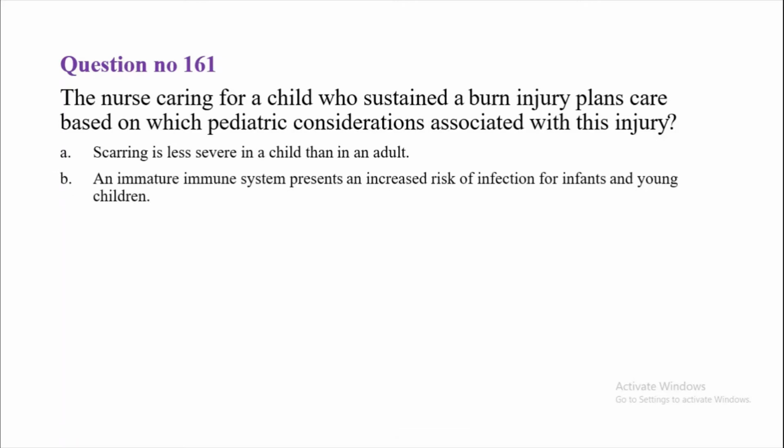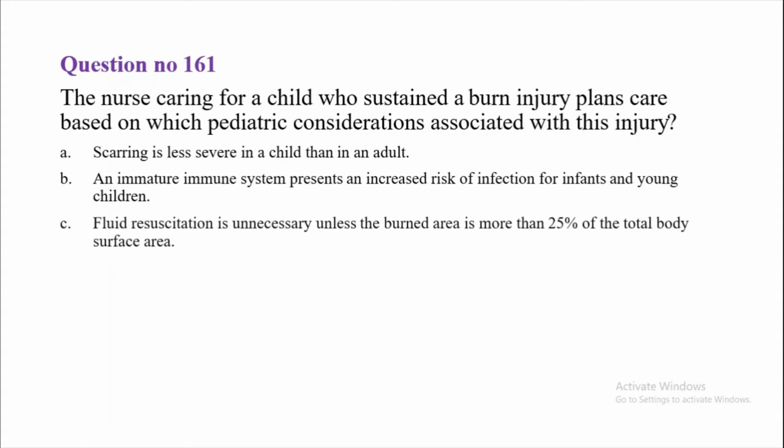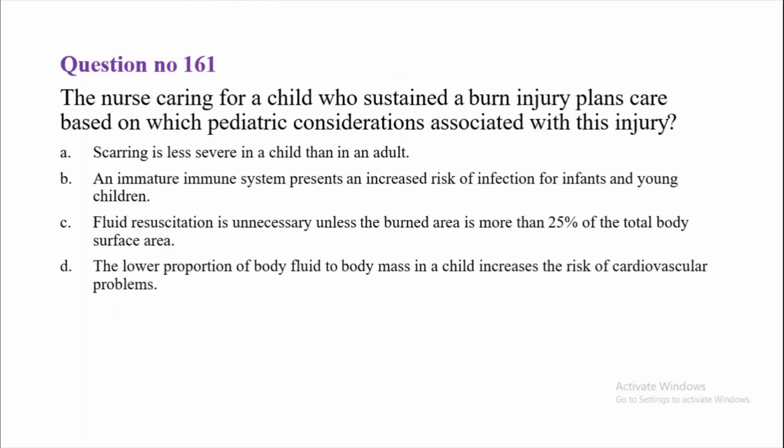Number B, an immature immune system presents an increased risk of infection for infants and young children. Number C, fluid resuscitation is unnecessary unless the burned area is more than 25% of total body surface area. Number D, the lower proportion of body fluid to body mass in a child increases the risk of cardiovascular problems.